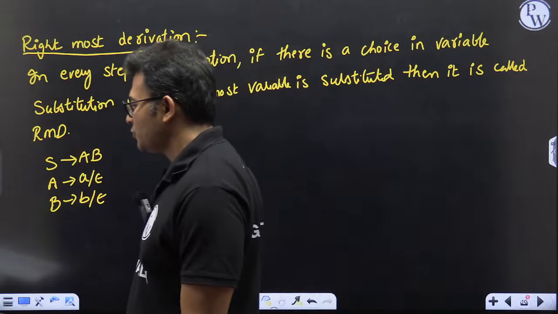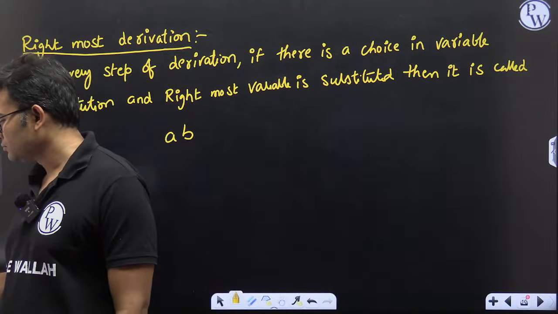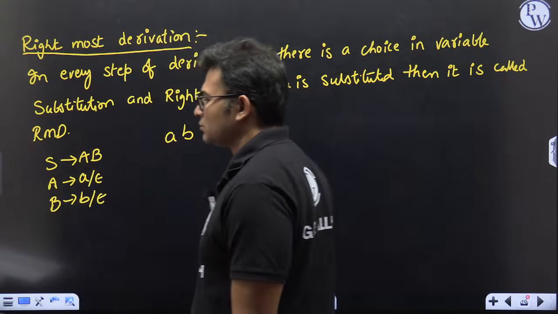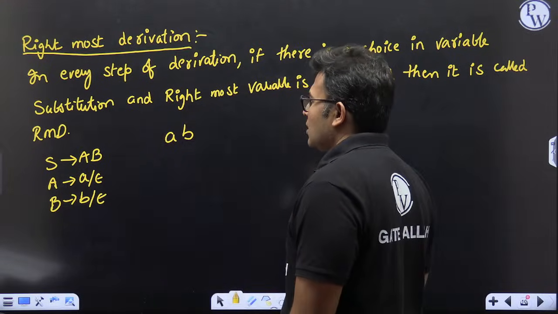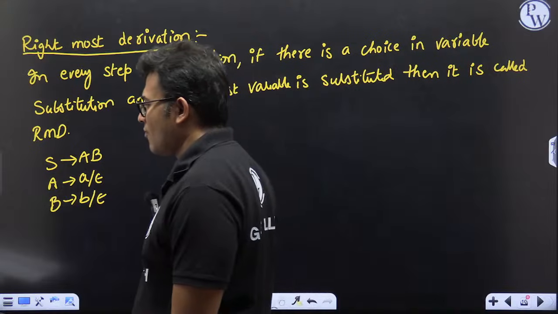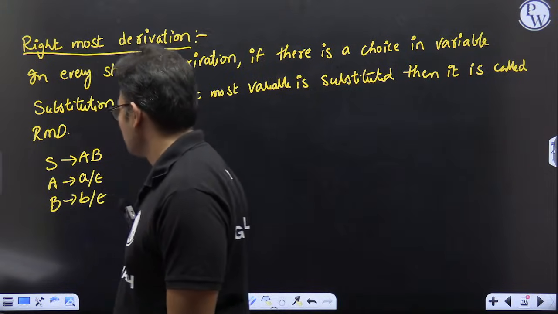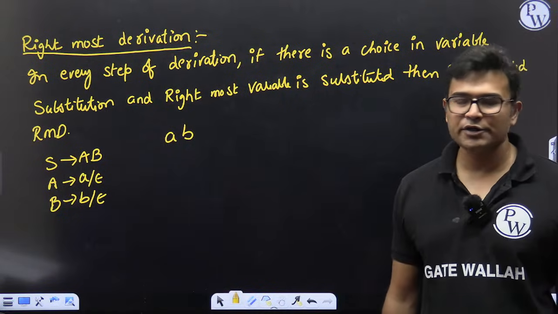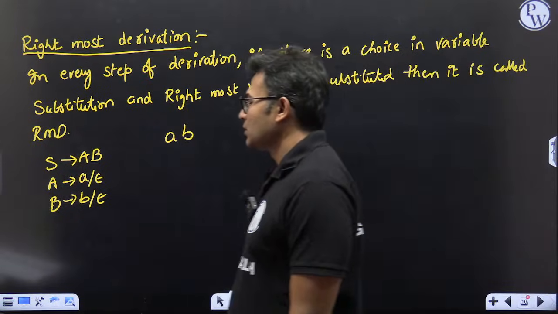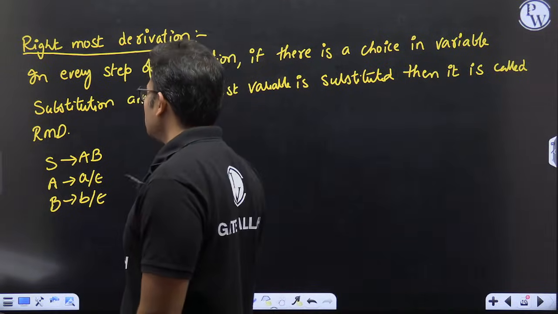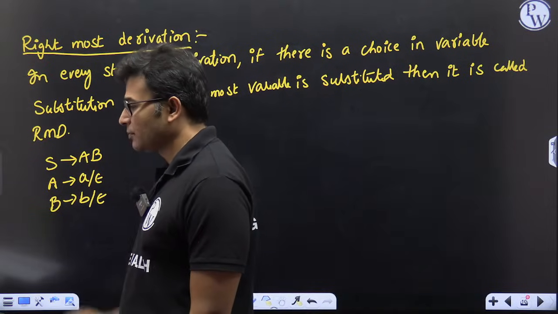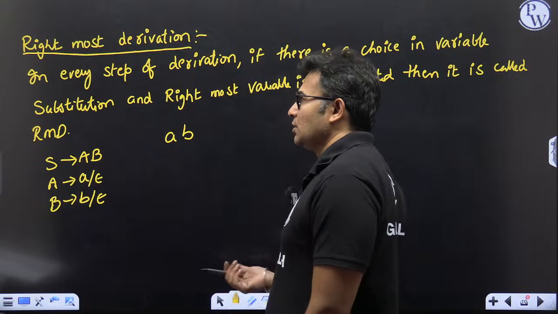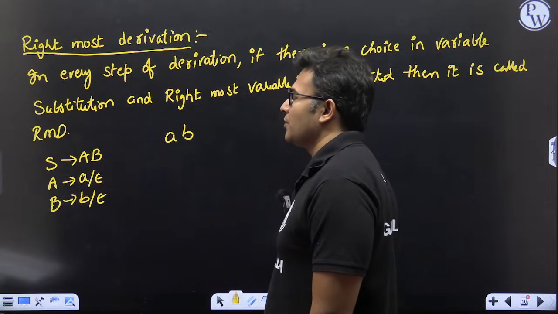We have done leftmost derivation; similarly, you can do rightmost derivation for AB. I have taken a very small grammar just to explain this concept, but when you go to compiler design, we are going to see some difficult grammars.